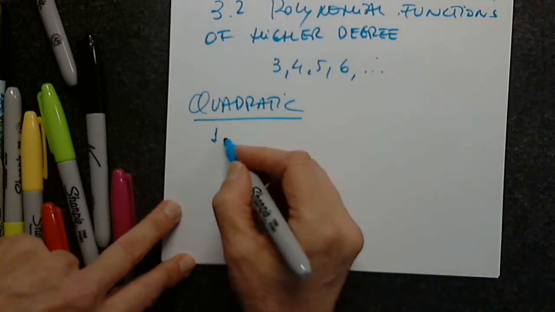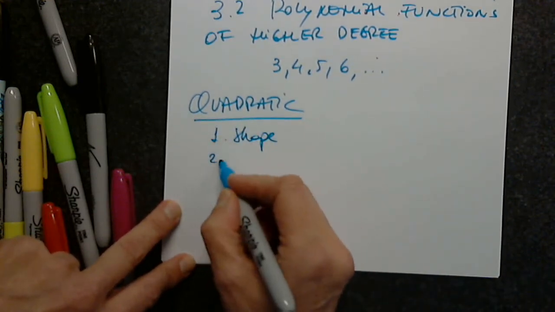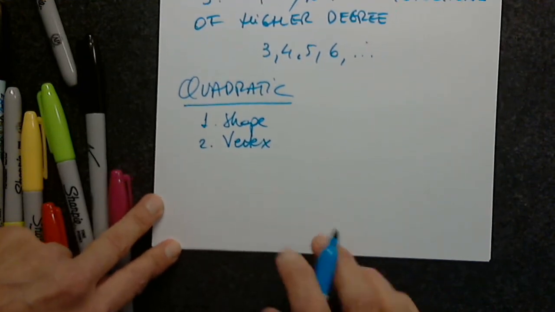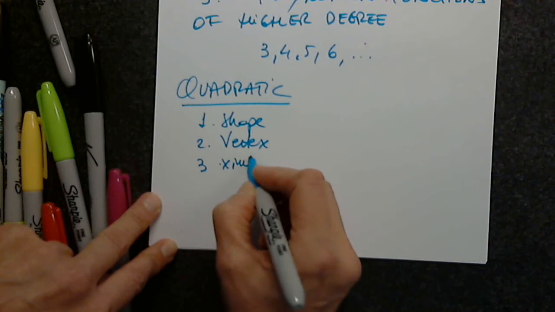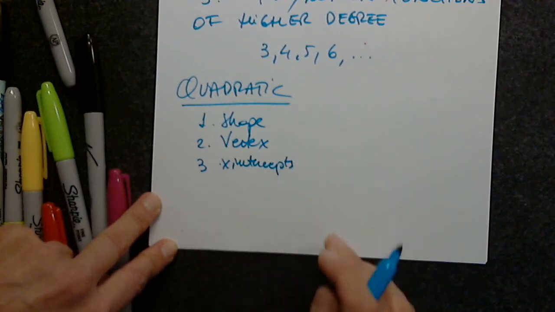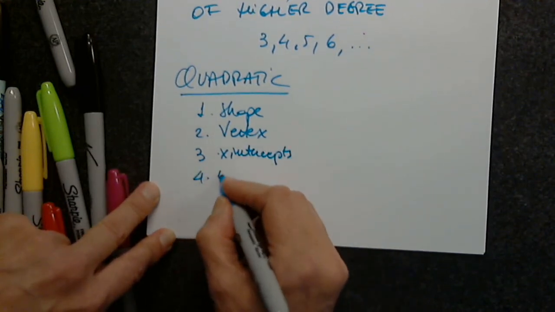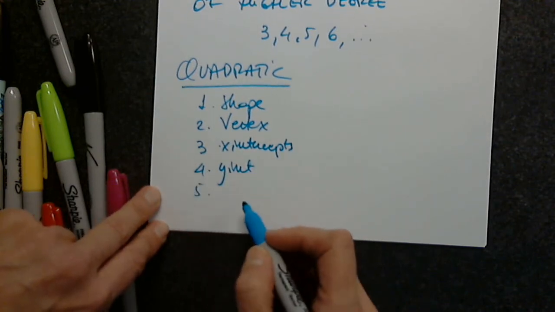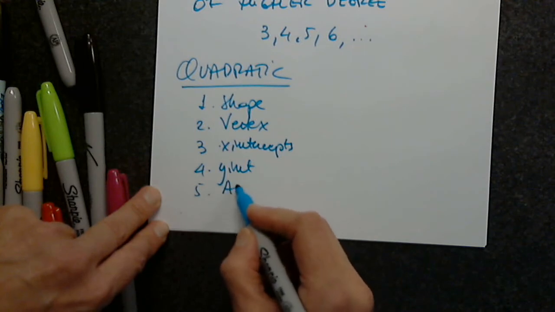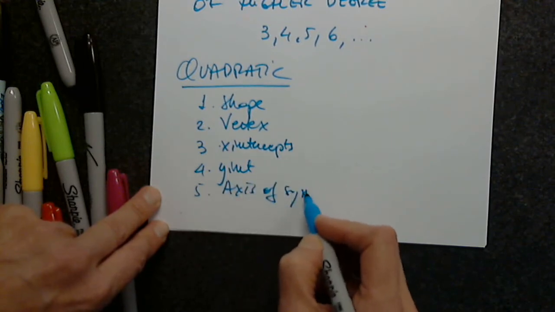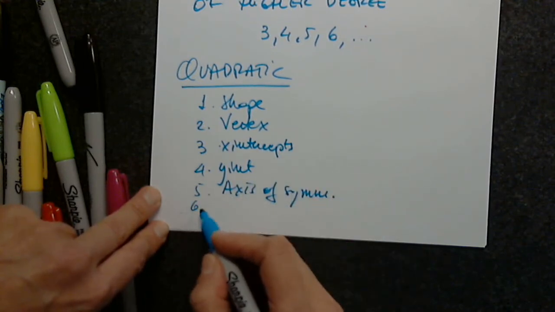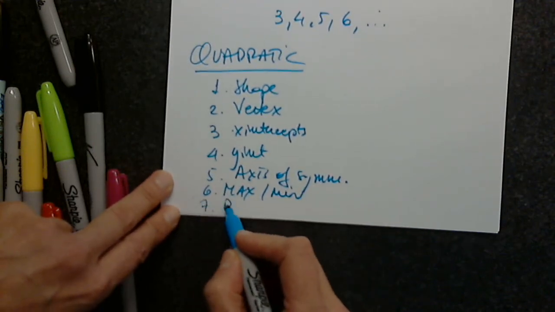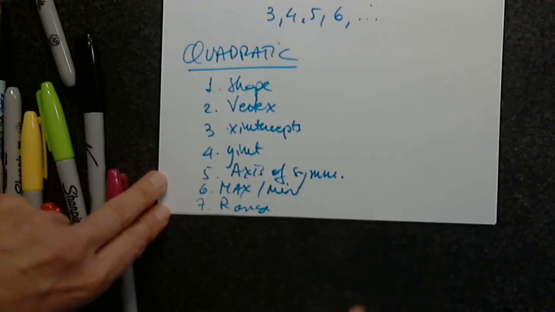So number 1, we have shape. In number 2, the vertex. In number 3, X-intercepts, of course, if they exist. In number 4, we have Y-intercept. In number 5, we have axis of symmetry. In number 6, we have max min. And in number 7, we have range. This is what we looked at.